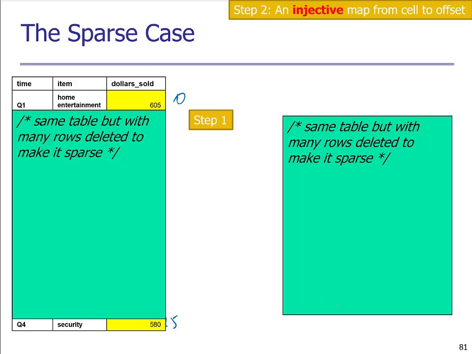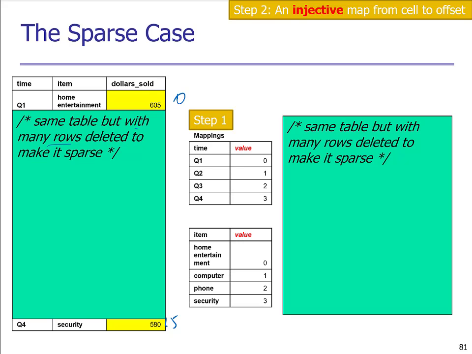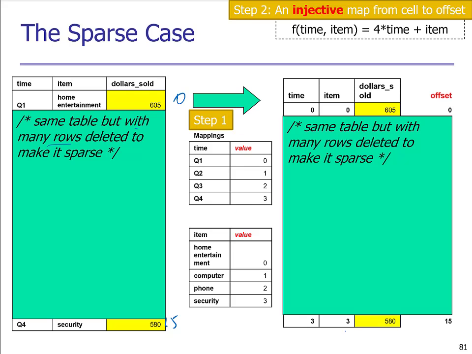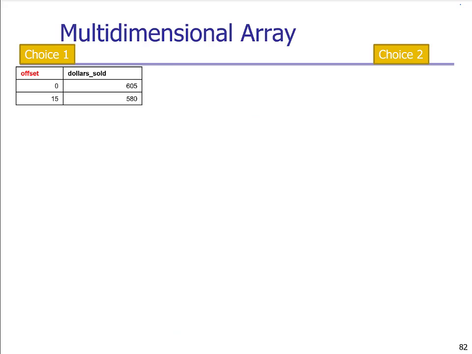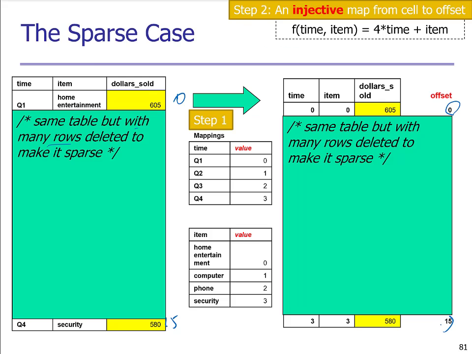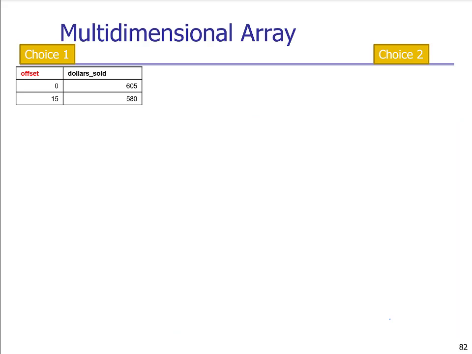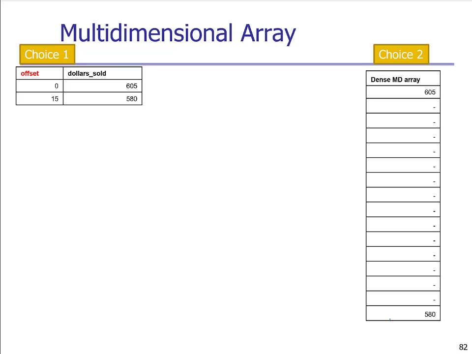Now, what about the sparse case? Right. So for the sparse case, we have the same table, but many rows are deleted to make it sparse. So we can similarly do step 1. We have this. We do step 2. We have the offset. So it's 0 and 15 as 2 offsets, and 605 and 580 as the measures. Okay. Now we actually have 2 choices to handle this, and let's see which one is better.